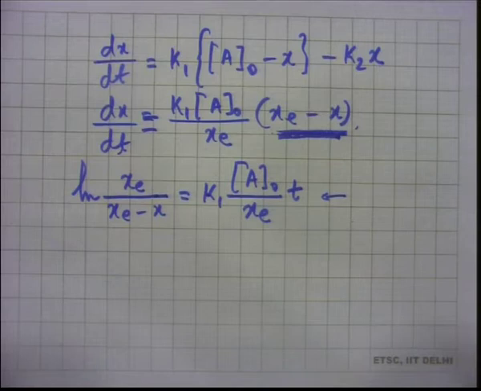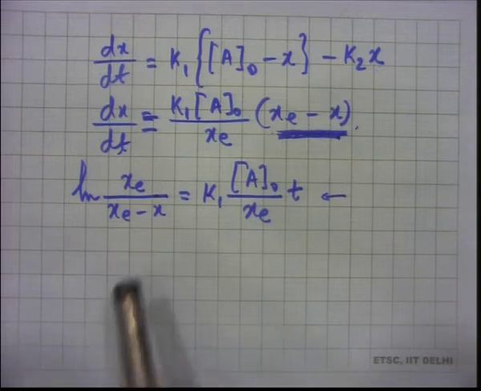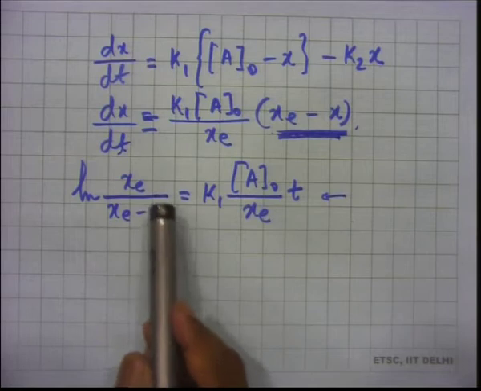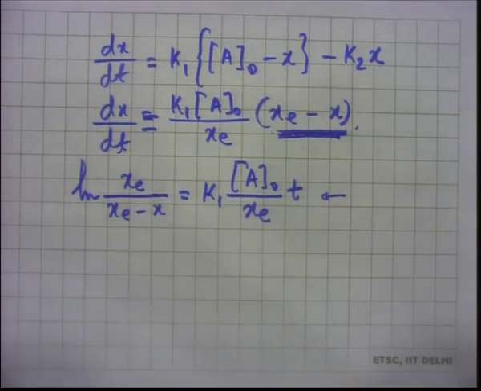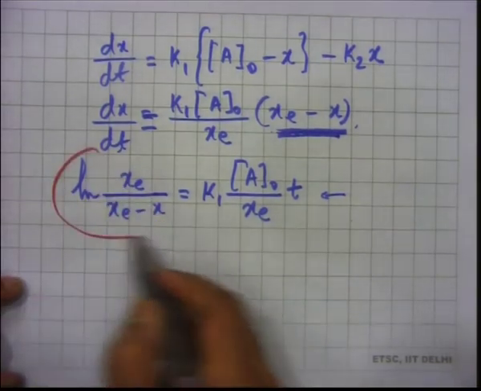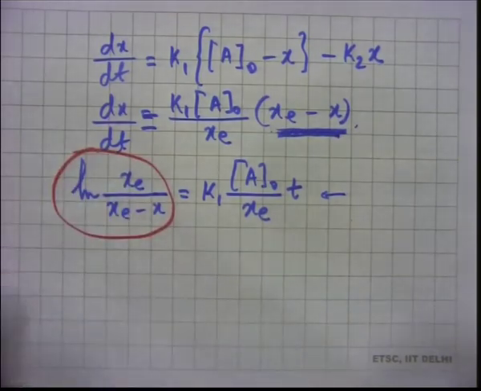And we can understand something from here, that if you plot, let us say, log of xe minus x, which is the left hand side, and if you plot that as a function of time, okay.